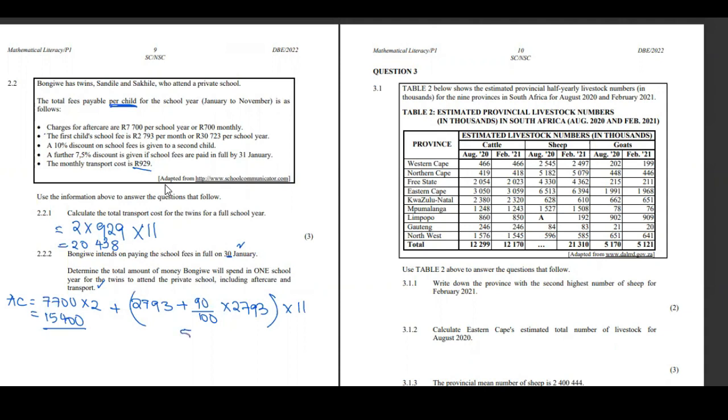So the school fees will be 58,373 rands 70 cents. This is school fees.